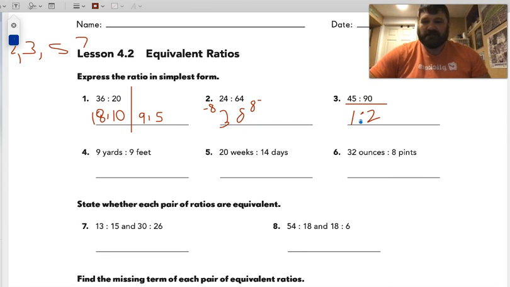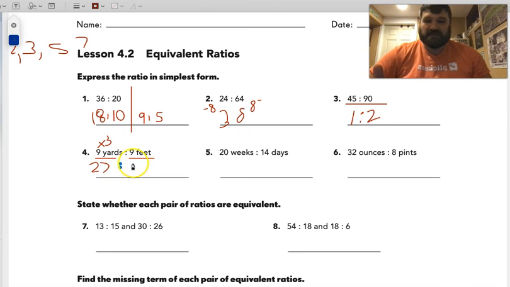Perfect. Okay. So on this one, remember, we're going feet to yards. So how do we go from feet to yards? Well, I can't go yard to feet, but I can go feet to yard. There are 3 feet in a yard. So I'm going to multiply this by 3. 9 times 3 would be 27 feet.